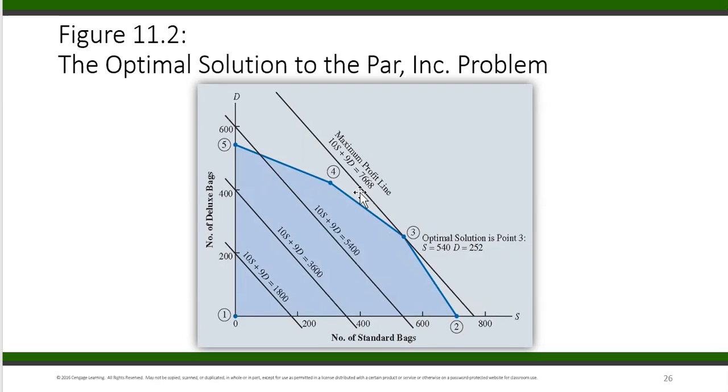And after that, it's not possible. So this is your clue that this value is going to be our optimal profit, the value of objective function when you have the optimal point. And then the corner that gives you that value is going to be your optimal solution here.